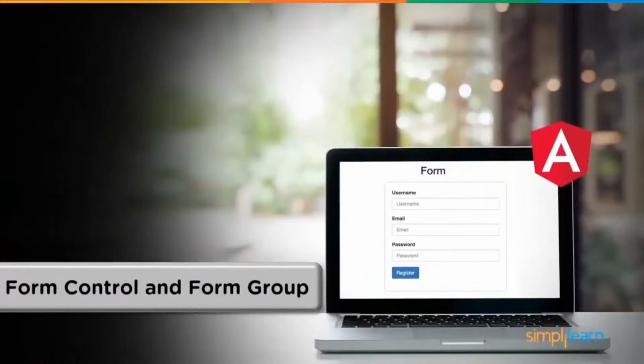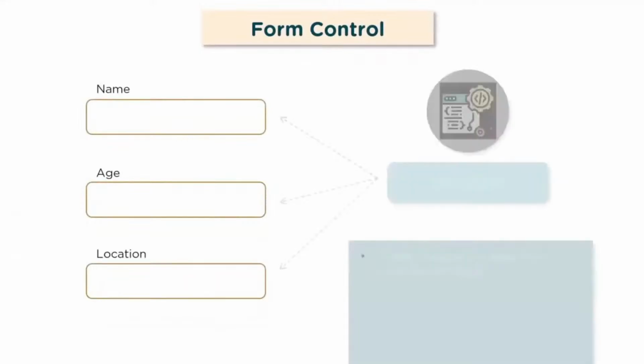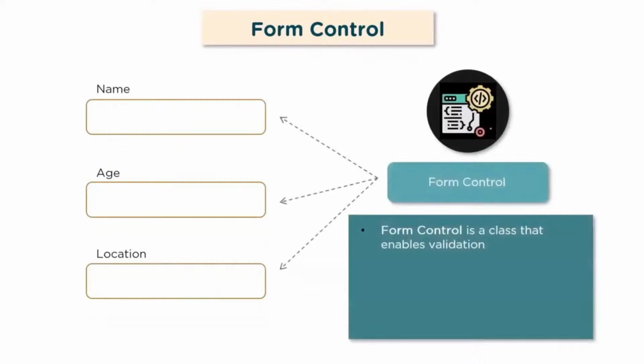So now let's go ahead and look at form control and form group. So consider a typical form consisting of fields like name, age, and location. Now a form control is basically a class that enables validation of these fields. For each input field, an instance of this class is created.